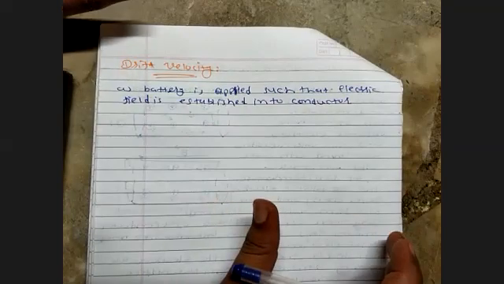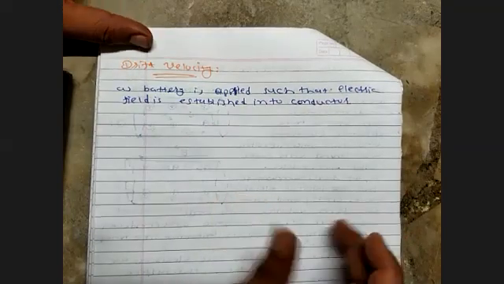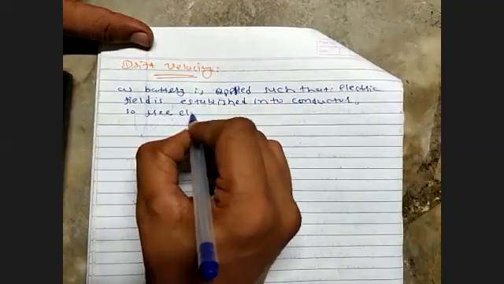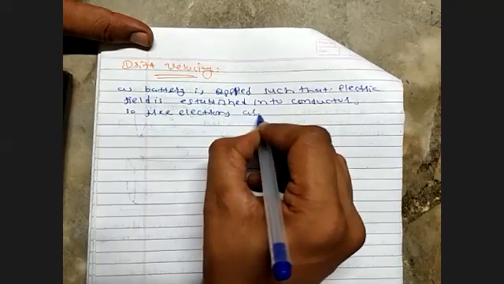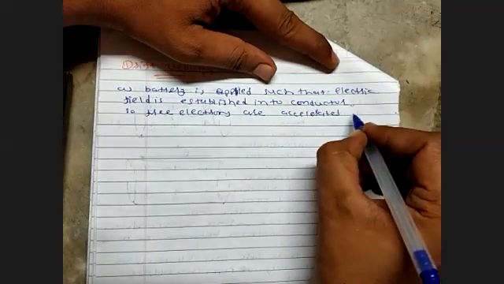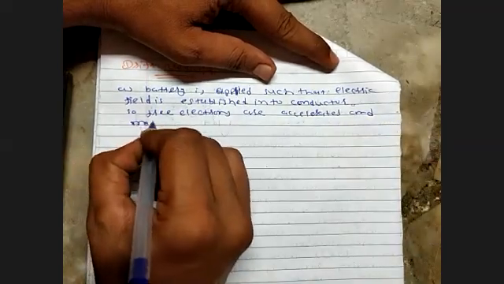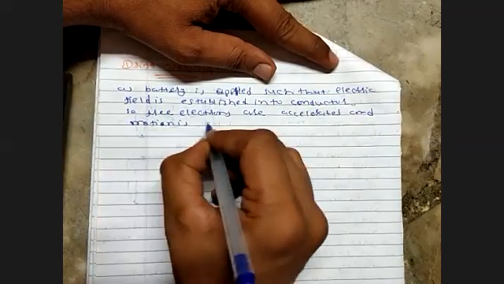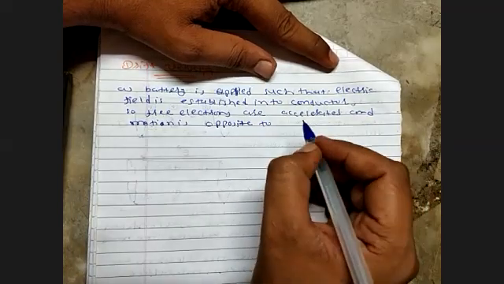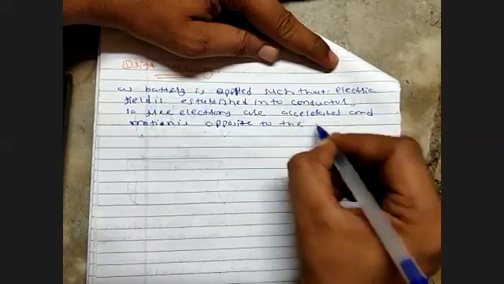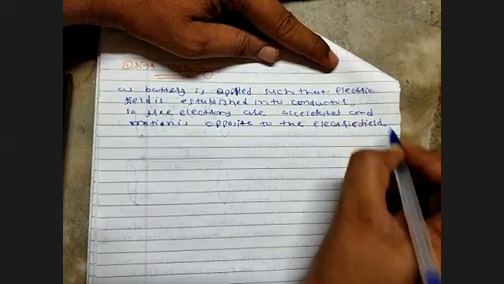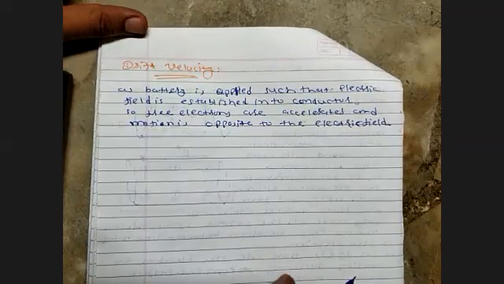So the free electrons now accelerate and move, and the motion is opposite to the electric field.